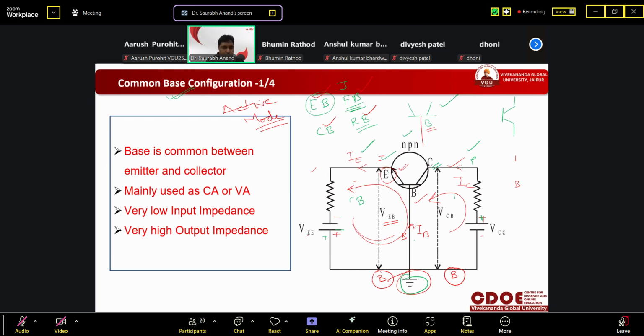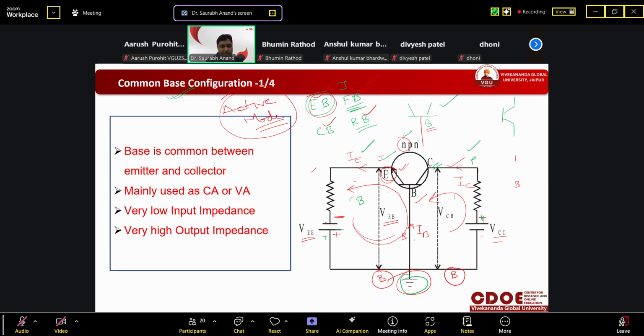But why have we used these batteries like this? These batteries are actually making the transistor operate in active mode. Active mode says that the emitter base junction should be forward biased. This emitter is of N type, and N should be connected with negative.